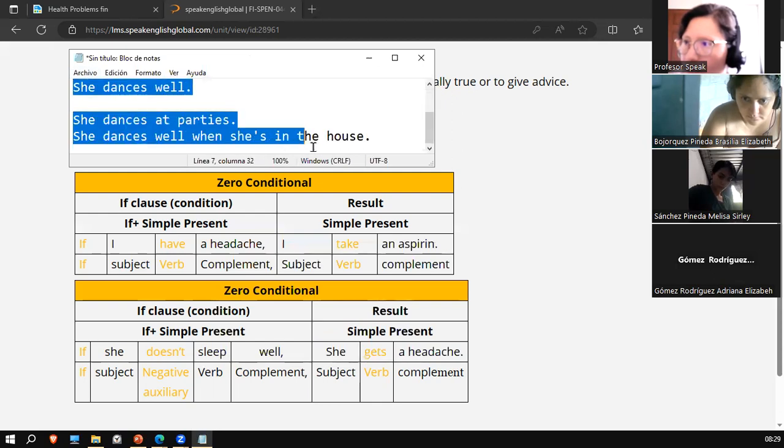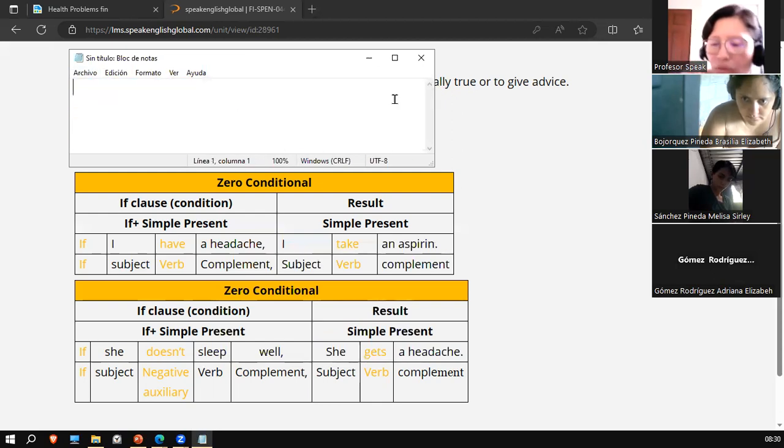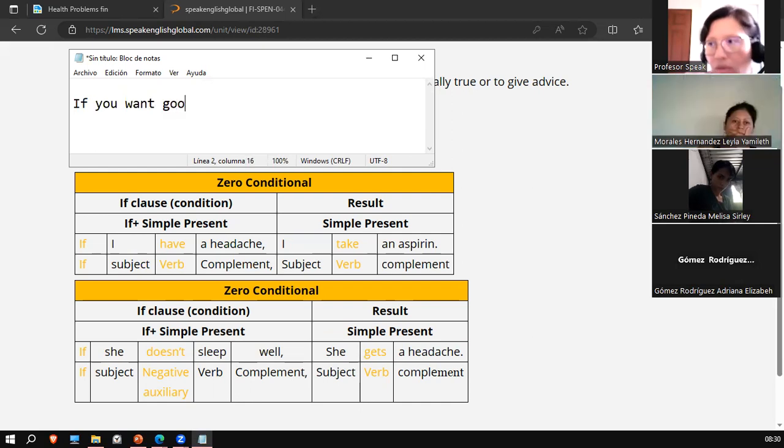Okay, now let's take a look at a couple of examples. For example, we are going to talk about pieces of advice. For example, if you want good grades, right, comma, you have to study.